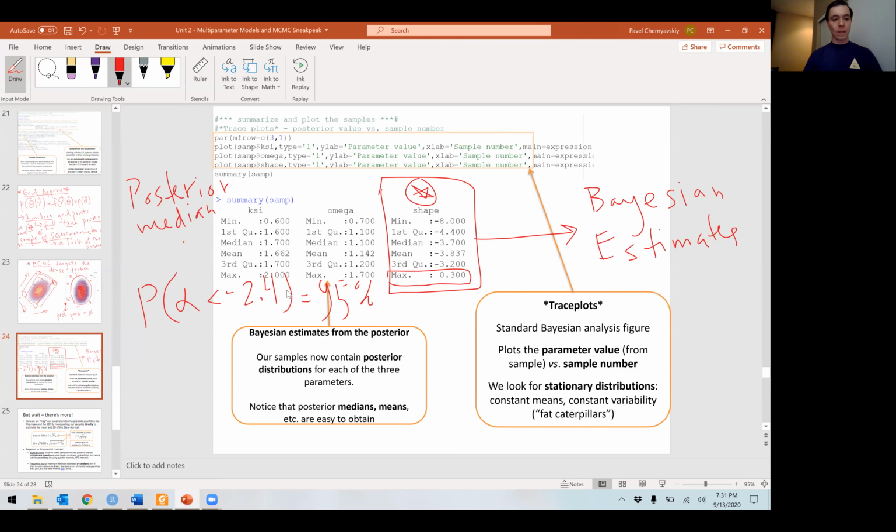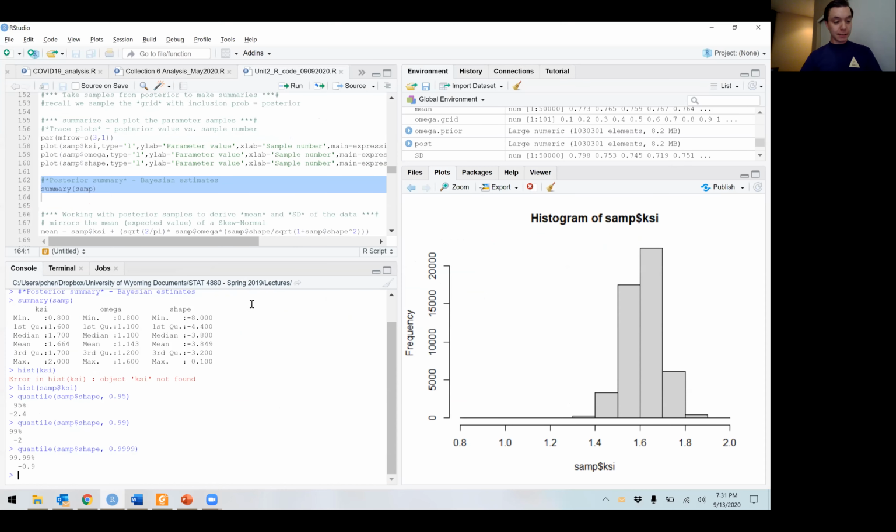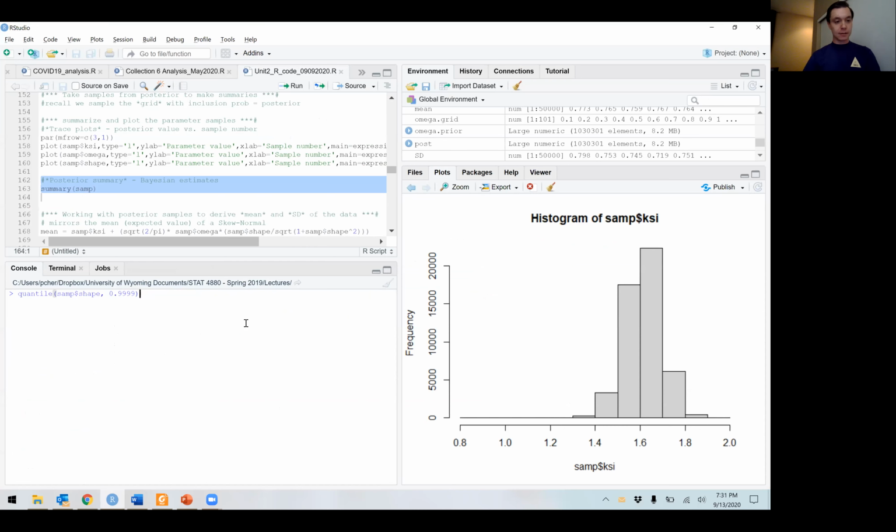Okay. So we, in summary, obtain a full distribution of values for each parameter. That's the power of a Bayesian analysis. We have infinitely more information about our parameters. We can easily pick off the median values, 99th percentile, the middle 50%, right? How would I do the middle 50%?